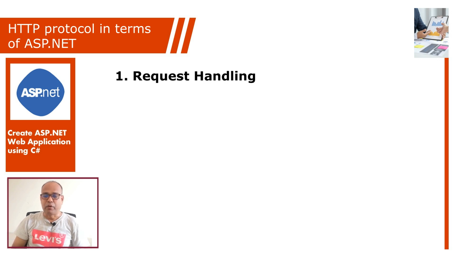Request handling. When a client makes an HTTP request, for example accessing a web page, the ASP.NET application processes the request through a series of components including HTTP handlers. These are responsible for processing specific types of requests. For example, an .aspx page is handled by the ASP.NET page handler.